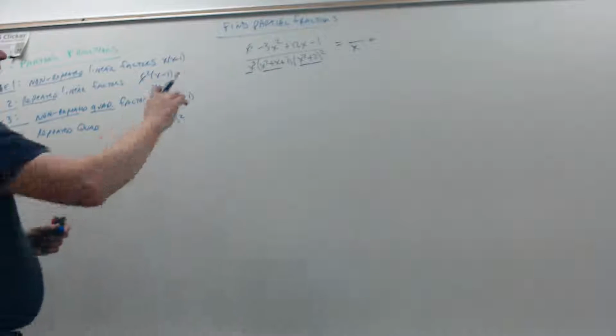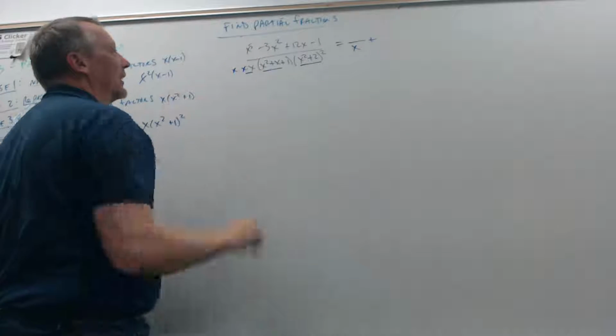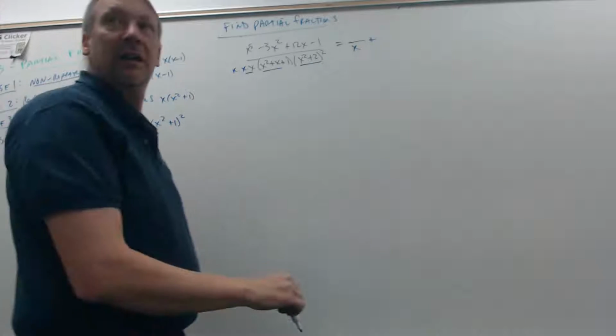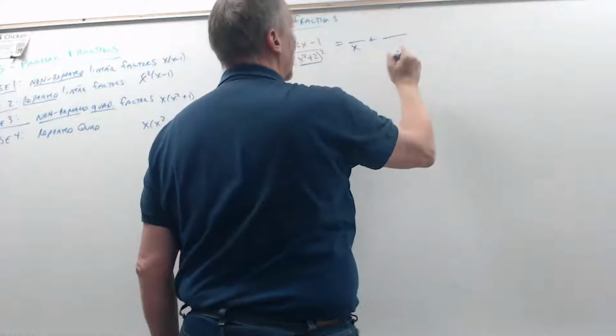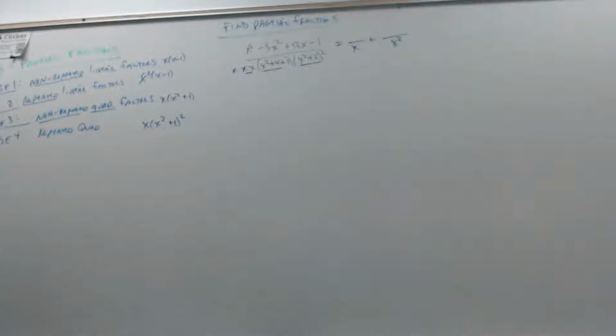It's coming, dude. I could rewrite this as x times x times x, right? That's a repeated linear factor. So the next repeated linear factor is x squared, and the next one is x cubed.